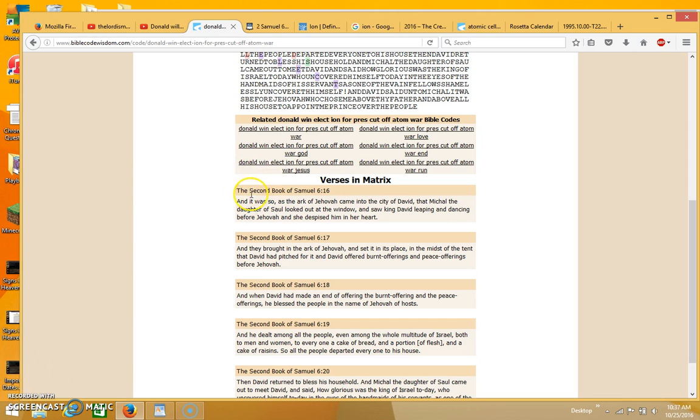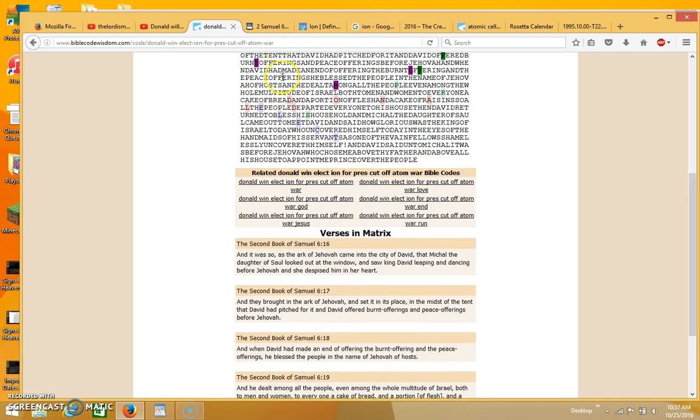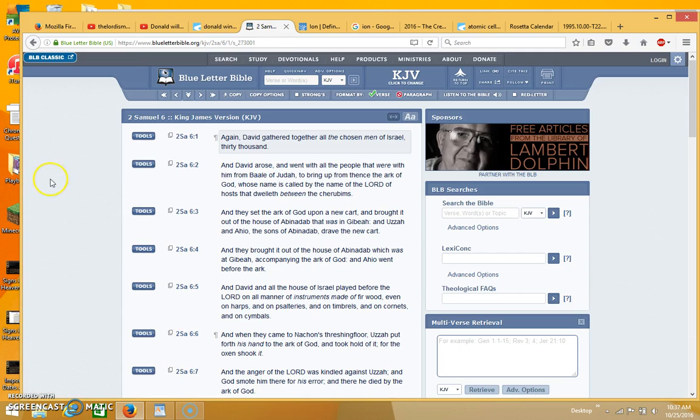And like I said, this is in 2 Samuel chapter 6, starting from verse 16 and going through verse 20. But I remember I had pointed out before how this chapter begins, and it begins with saying David gathered together all the chosen, or all the elect men of Israel.